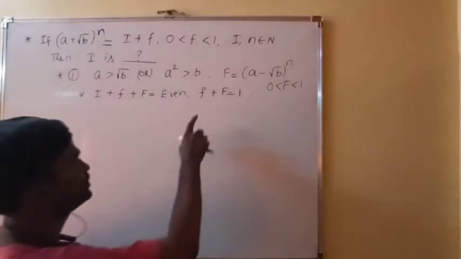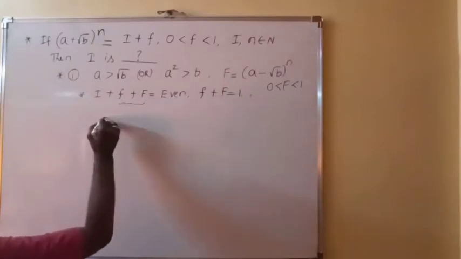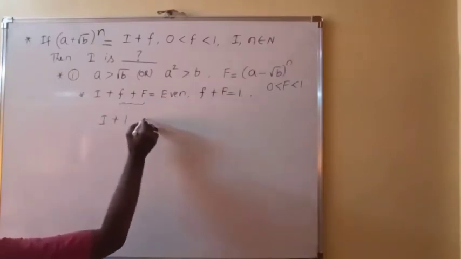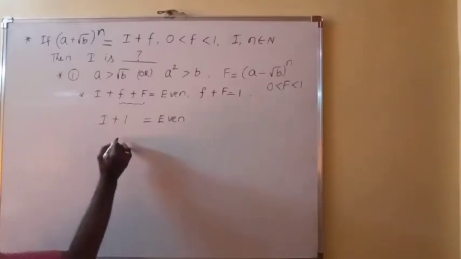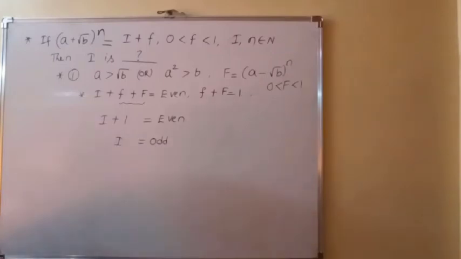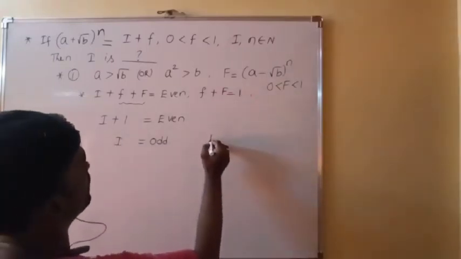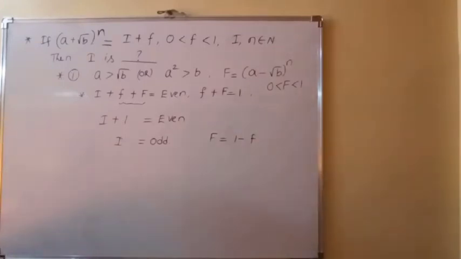In this case f + F is always 1. As f + F is 1, that means I + 1 is an even number. I + 1 is an even number means I should be what number? Odd number. And from this relation, what do you get for capital F? 1 − f.